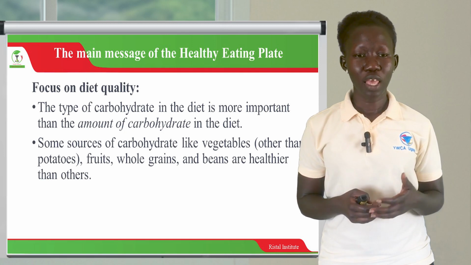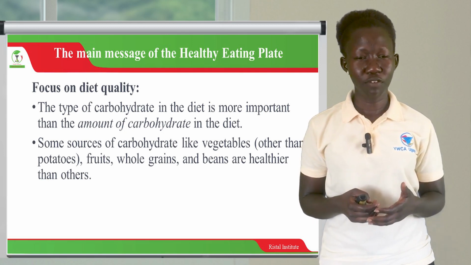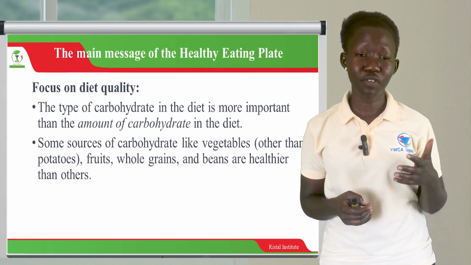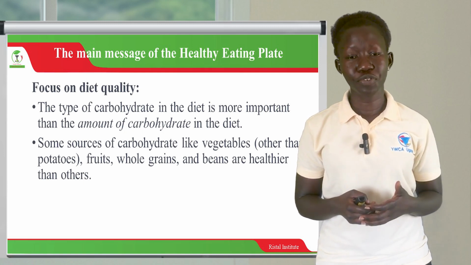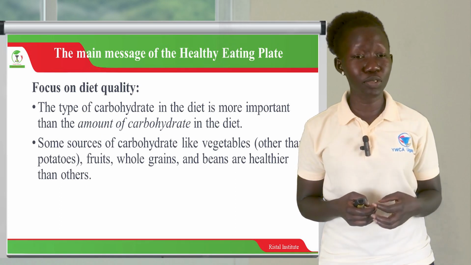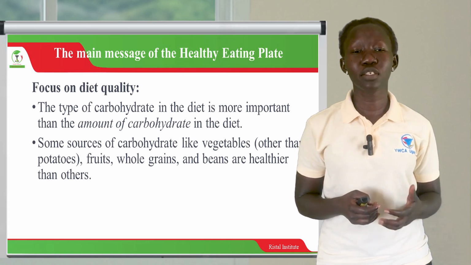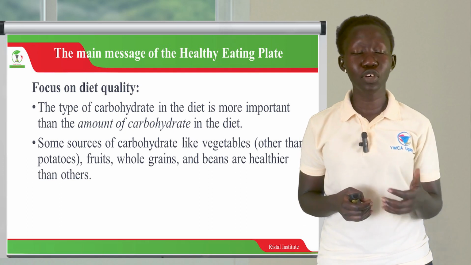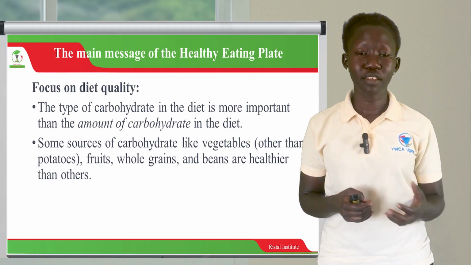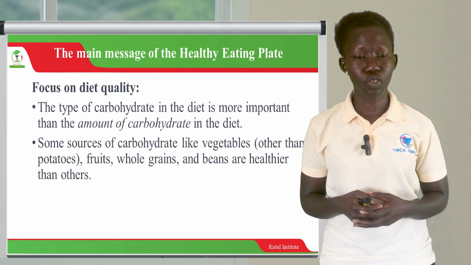When you choose healthy carbohydrates, like vegetables, apart from potatoes, remember we said that potatoes have a lot of empty calories. You may consume a lot of carbohydrates in form of potatoes, but it's not quality because it is going to give you a lot of calories, but less of other things like the fiber that you need from it.